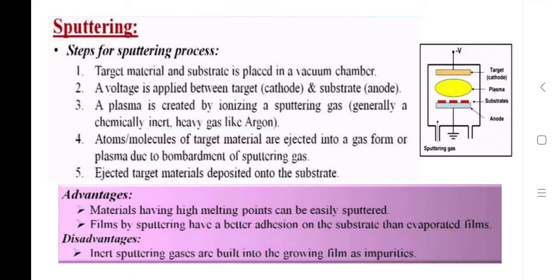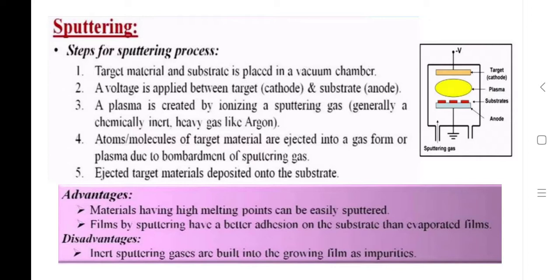Simply, we put a potential difference between cathode and anode and inject plasma coming from the argon gas. That plasma directly hits the target or source material, and due to that, atoms or molecules come from the source material and are deposited onto the substrate. That is why it is called the sputtering technique.